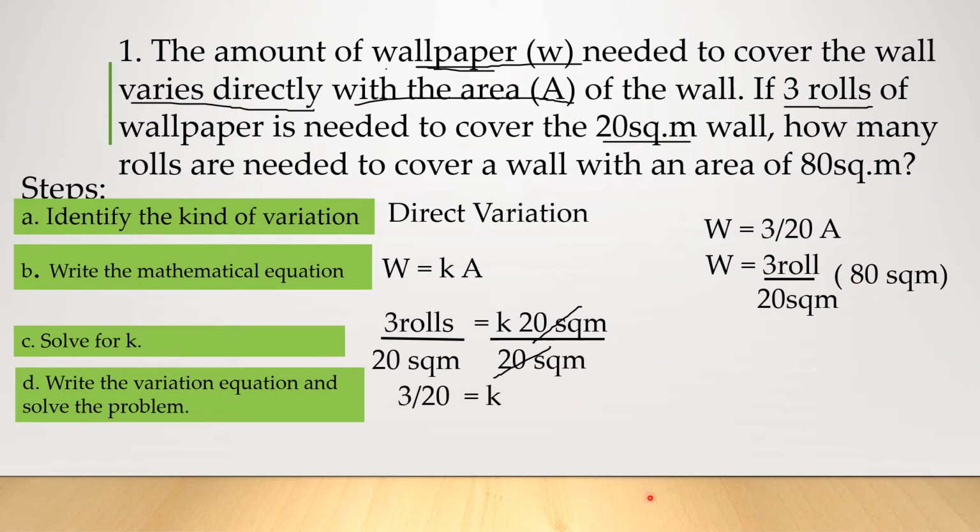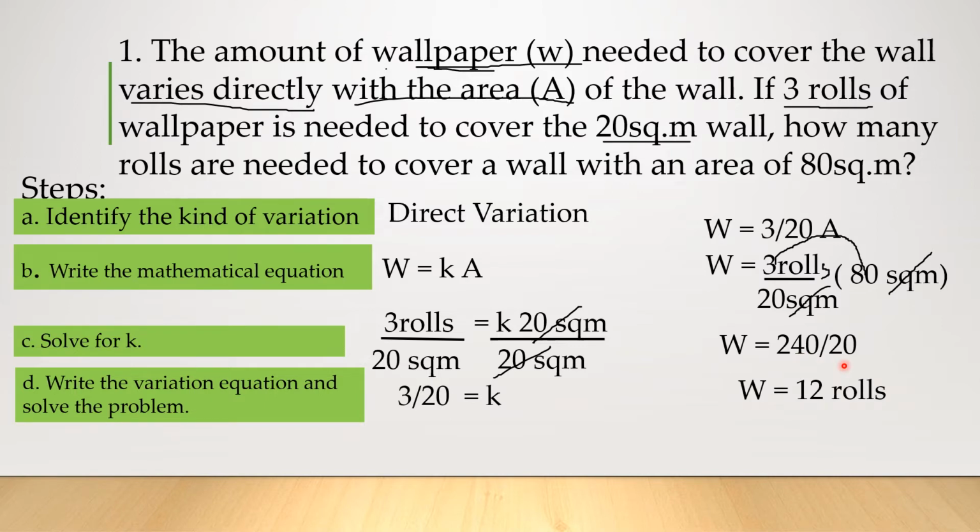So, times. Now, you notice here, we're just going to multiply this. 3 times 80. But this one, the square meter and the square meter here will be cancelled. So what unit is left now is only roll, or 3 rolls here. So W now is equal to 3 times 80 is equal to 240 divided by 20.